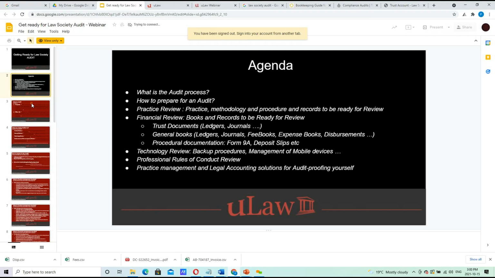We talked about the practice review around documents, templates that are meant right from client intake to managing matters, files, a financial review on how you're managing funds coming in, reflecting the retainer agreement that you have to begin with, generating those 6 to 10 documents that we spoke about from ledgers, journals, fee book, expense book, and provincial documents like Form 9A, a technology review around how you manage and ensure the safety of your client's information.